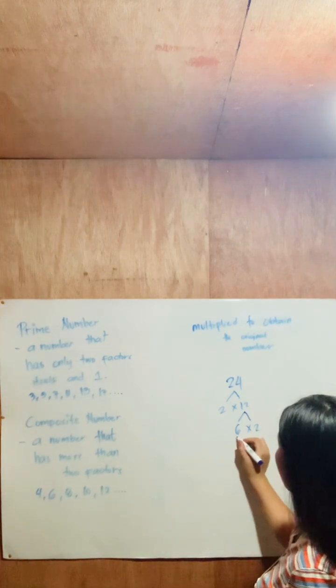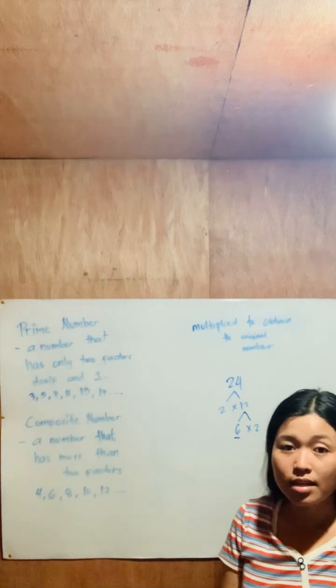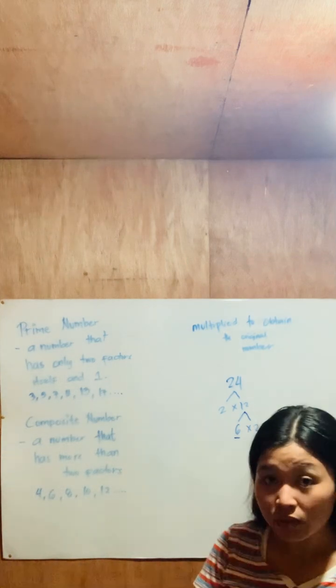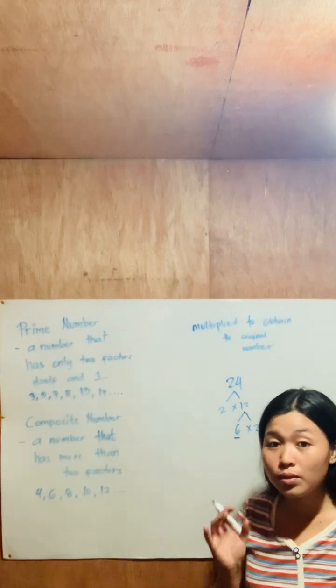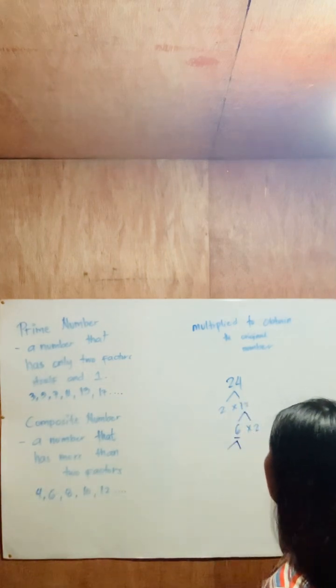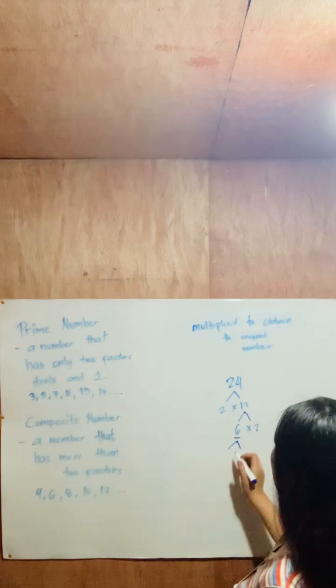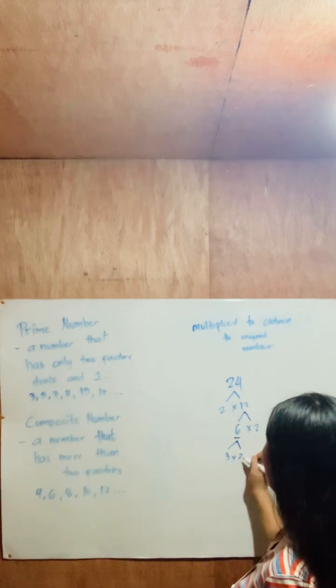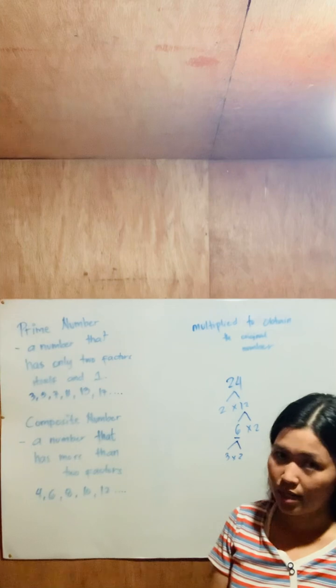And 6, since it is a composite number, we can continue. So we have 3 times 2 is equal to 6.